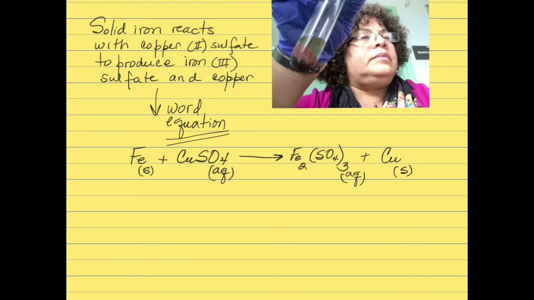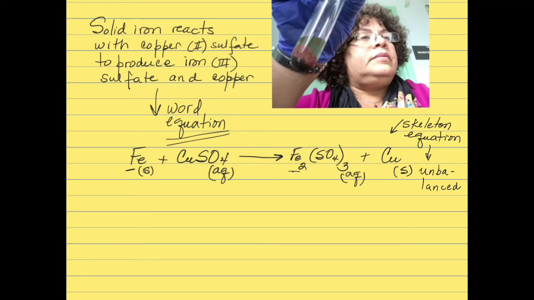Okay, now by looking at the iron, you know that this is my skeleton equation. Why skeleton equation? Because it's unbalanced. I don't have the same quantity of iron in the reactants and in the products.